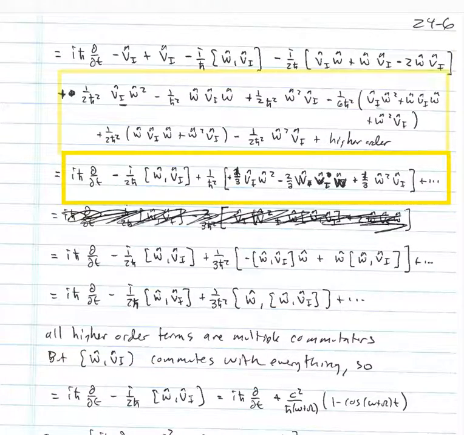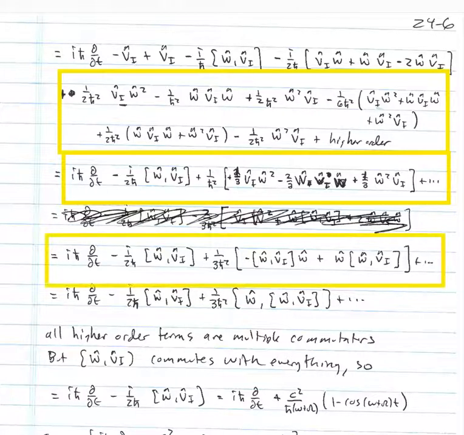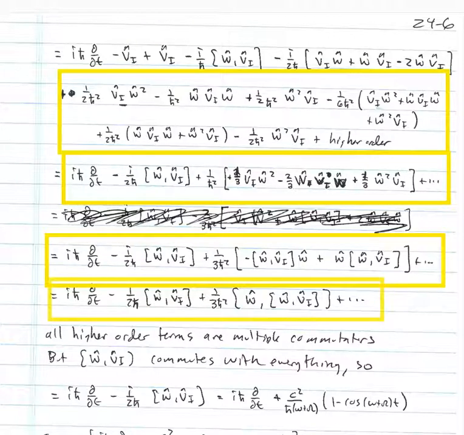And then we have the quadratic terms. We're going to get 1 over 3 h bar squared minus w commutator with vi multiplied by w plus w times the commutator of w with vi. You have to very carefully look at those terms to see that you can get them into that expression. You also see that that's actually a nested triple commutator.